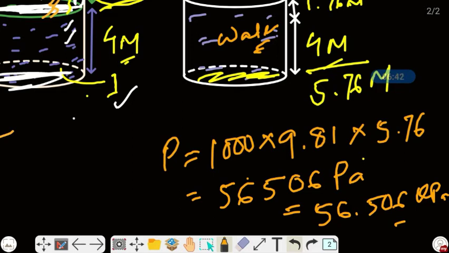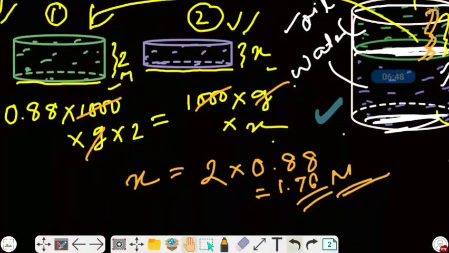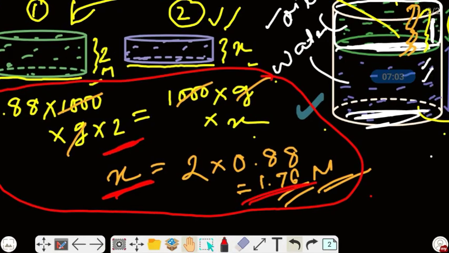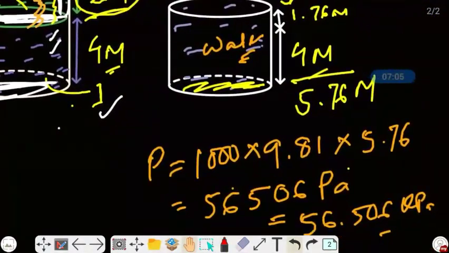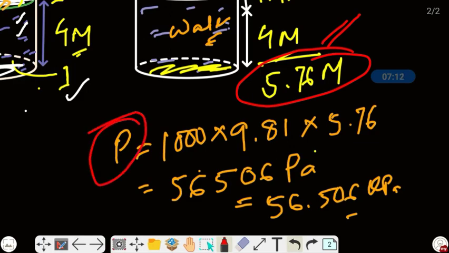So this is all about today's question. What you have to do in the exam is just this step, no need to draw anything. You just need to convert this height into x by this conversion, and add this value to the basic height. You will get this value, then find the pressure.